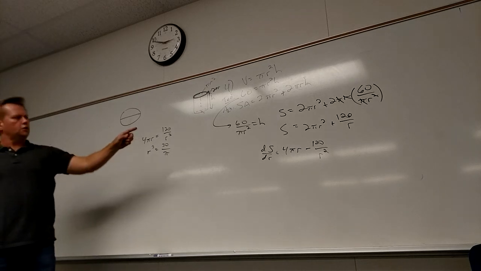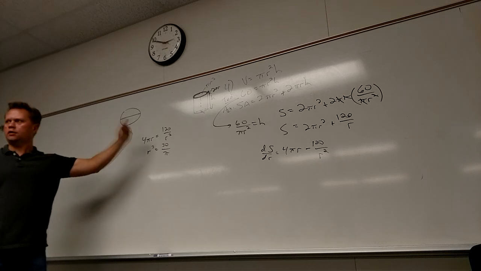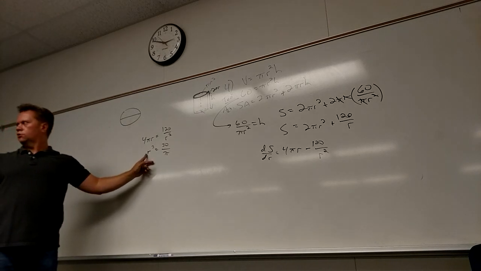You set it equal to 0, you can add that part over. Divide by 4 pi, multiply by r squared. And the last thing is just to take a cube root.